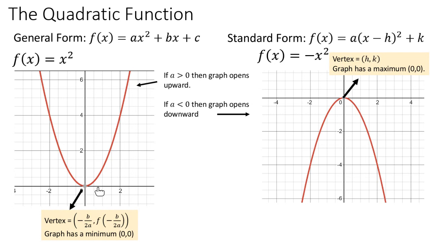And you can find the vertex when you have the equation in general form using this formula, okay? To find the x value, you'll get b divided by 2a, and then you multiply it by -1. This will give you the x value of the vertex. And then once you have this value, you plug it back into the function, and it's going to give you the y value.